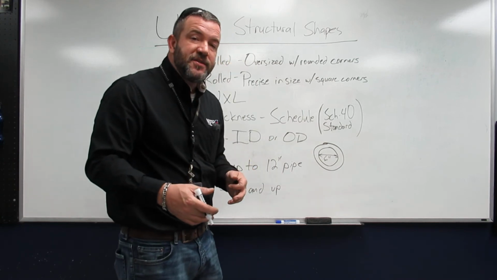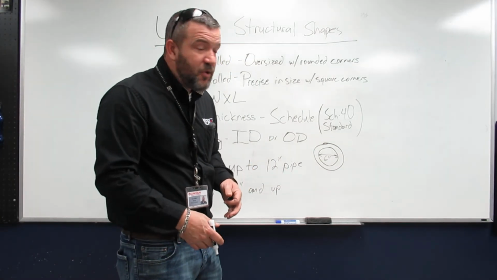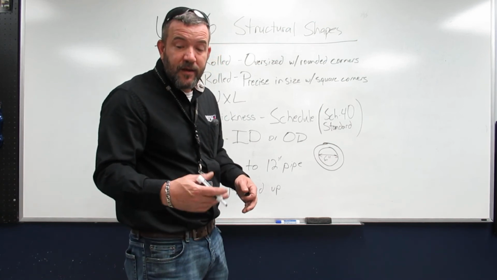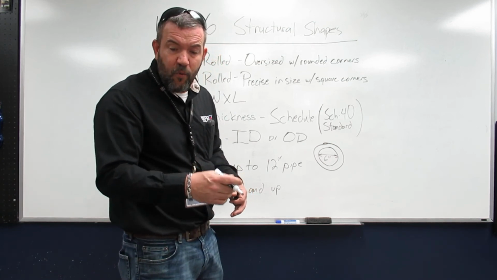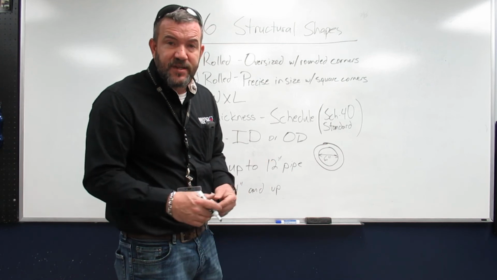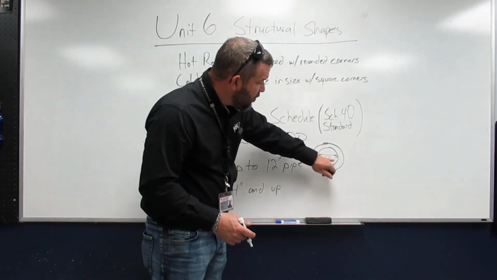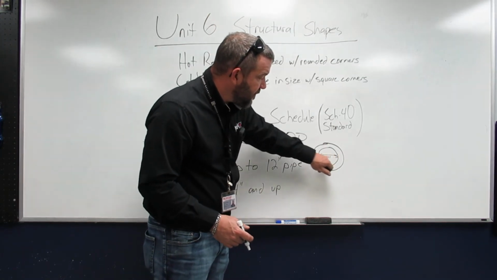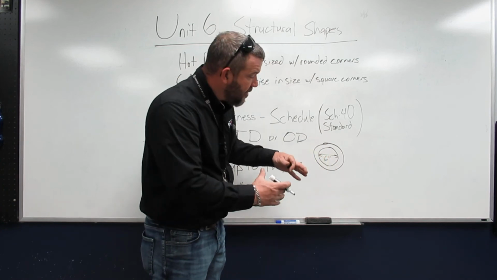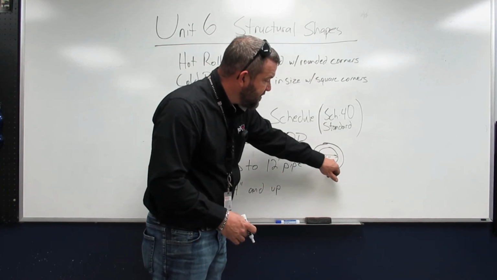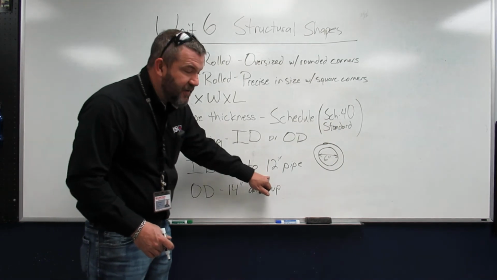All those sizes can be found in the appendix at the back of this blueprint book. It'll tell you how thick the wall is on any given schedule or any size pipe. But it goes by inside diameter. That doesn't change. The outside does. So it goes by inside diameter up to 12 inches.